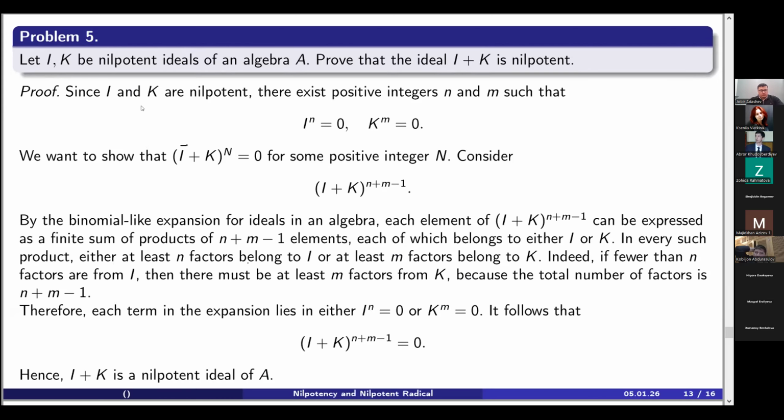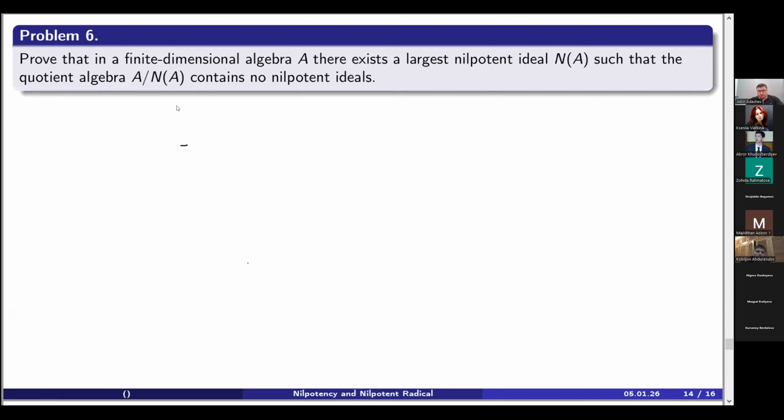In this problem, you already proved the left nilpotent ideal case. If I and K are left nilpotent, you show that I plus K is left nilpotent. It's the same. Yes? Next problem.